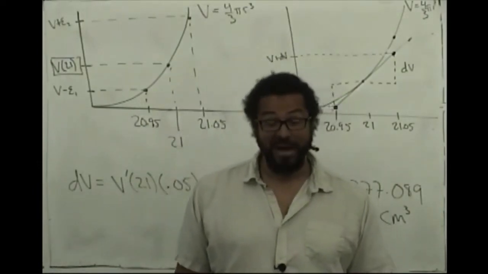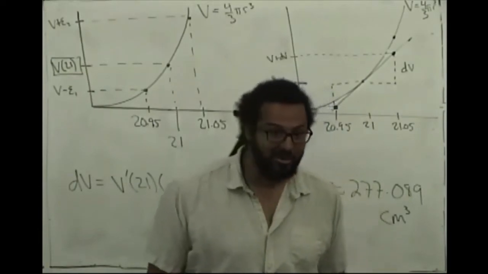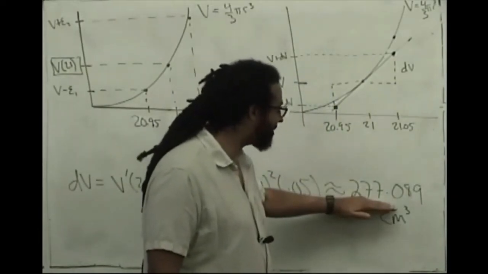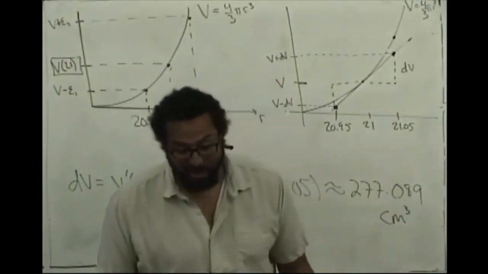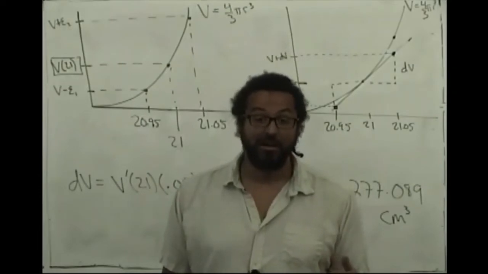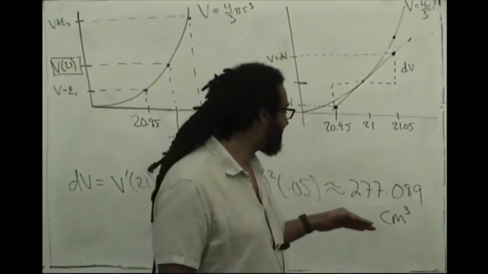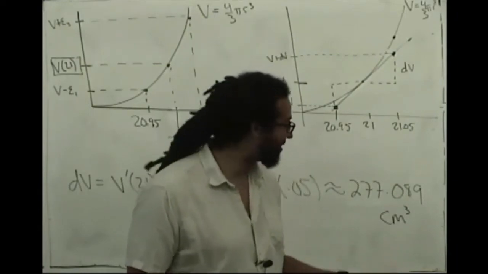Is that good or bad? We really need a way to see how terrible this is, or if it's okay. So now we want to introduce this concept of relative error in order to assign some measurement of how good or bad this approximation is.